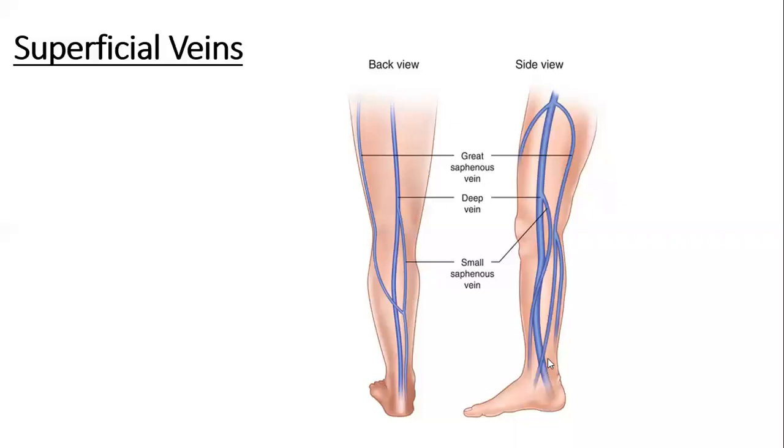It accompanies the saphenous nerve in the leg. This is an MCQ. Then it continues to ascend within the superficial fascia of the leg medially and passes behind the knee joint.